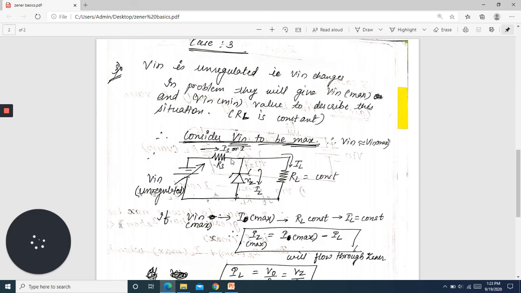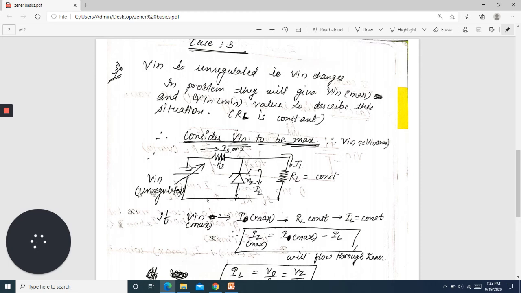So I minimum is equal to Iz plus IL. I have not changed the abbreviation for this IL to be IL max or IL min. I have kept it as a single value IL, and Iz is also a single value. Clear? But Iz can be Iz max or Iz min depending upon the situation, how it is changing.